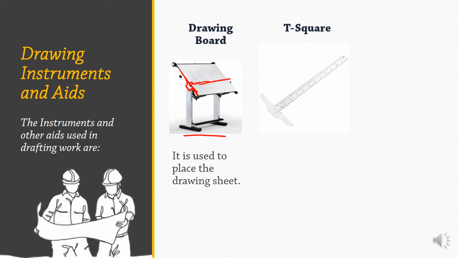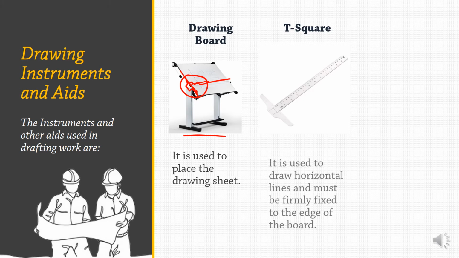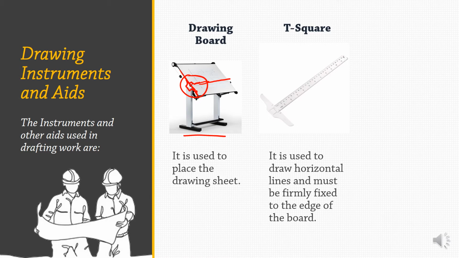So dapat firm yung grip or yung placement ng T-square doon sa working edge ng isang drawing board. So drawing board could be any table. So hindi lang ganito. So kung wala ka namang ganitong drawing board, could be any table na yung sa left side is straight yung edge niya. Now T-square is used for drawing horizontal lines, and as I was saying, must be firmly fixed to the edge of the board para consistent na pure horizontal yung mga drawings mo.